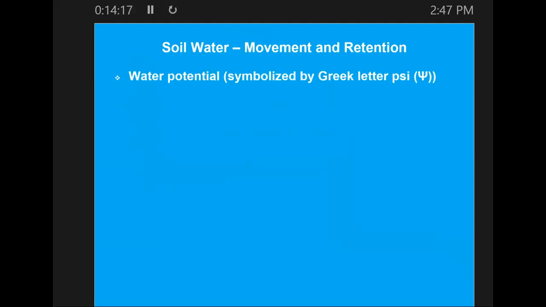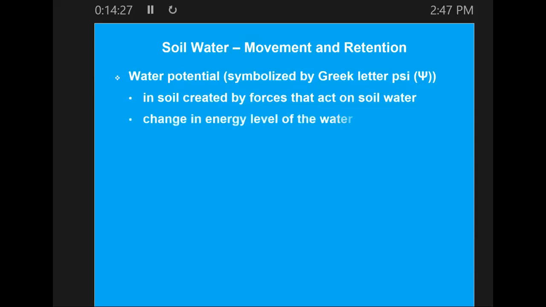And water potential is this idea that there are different forces acting on that body of water, whether it's the soil or inside the plant. And this water potential is essentially a difference in energy of the water, when you look at two different spots in the soil, for example.